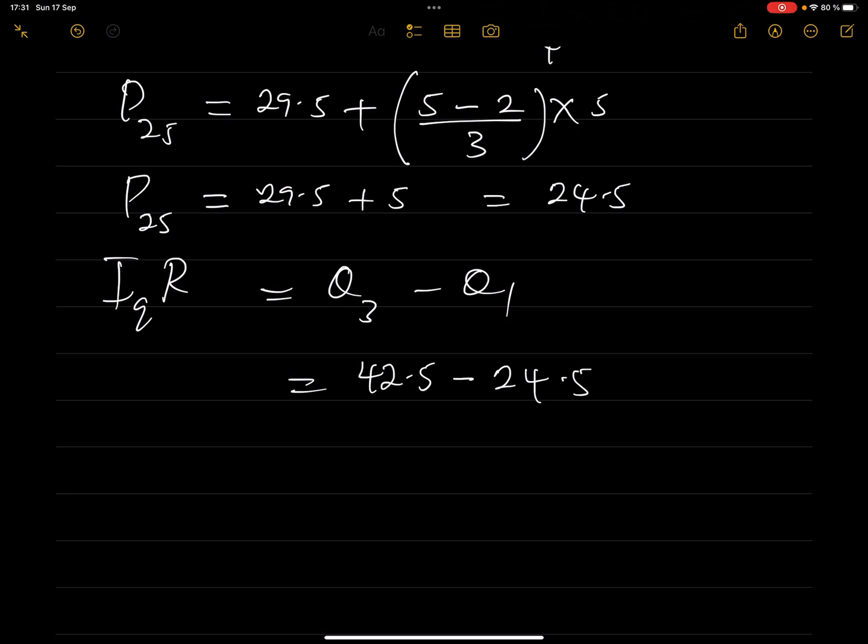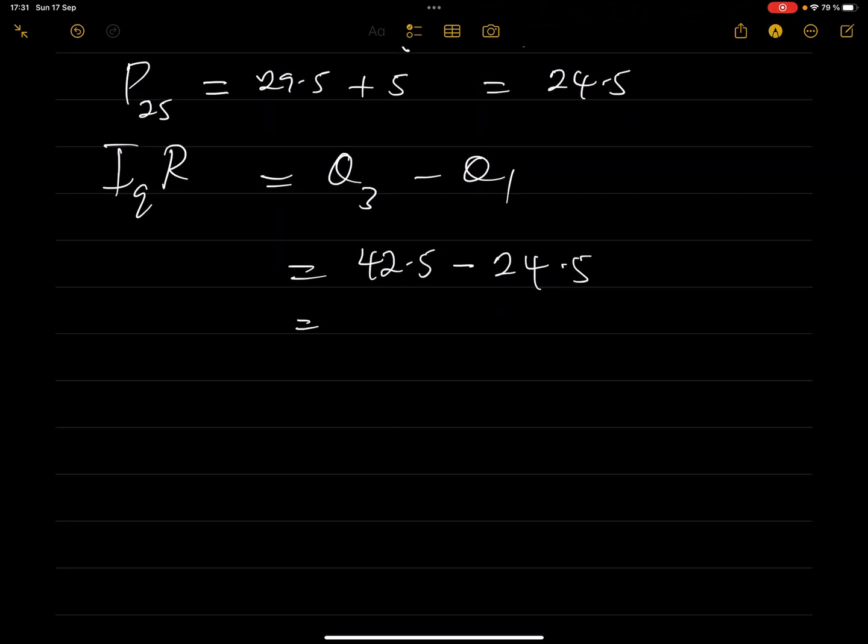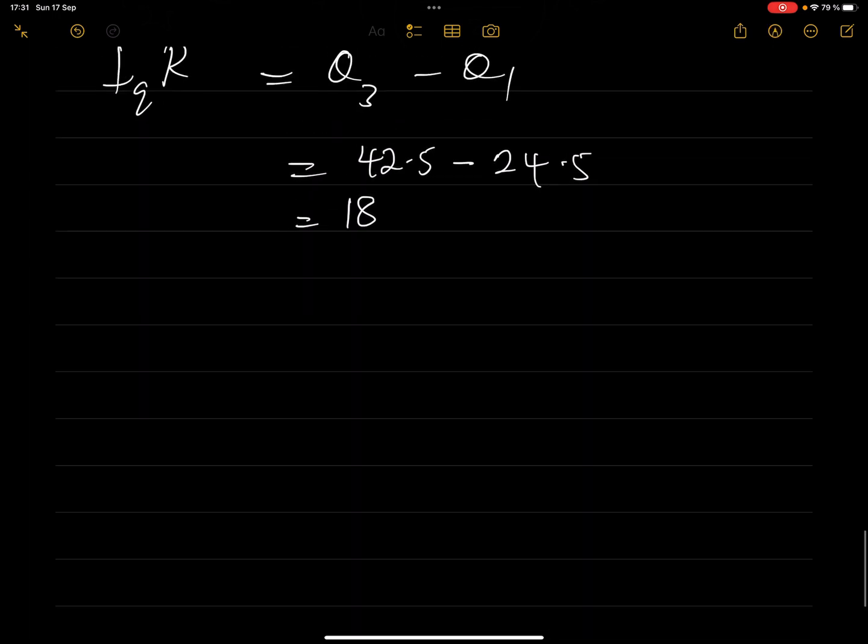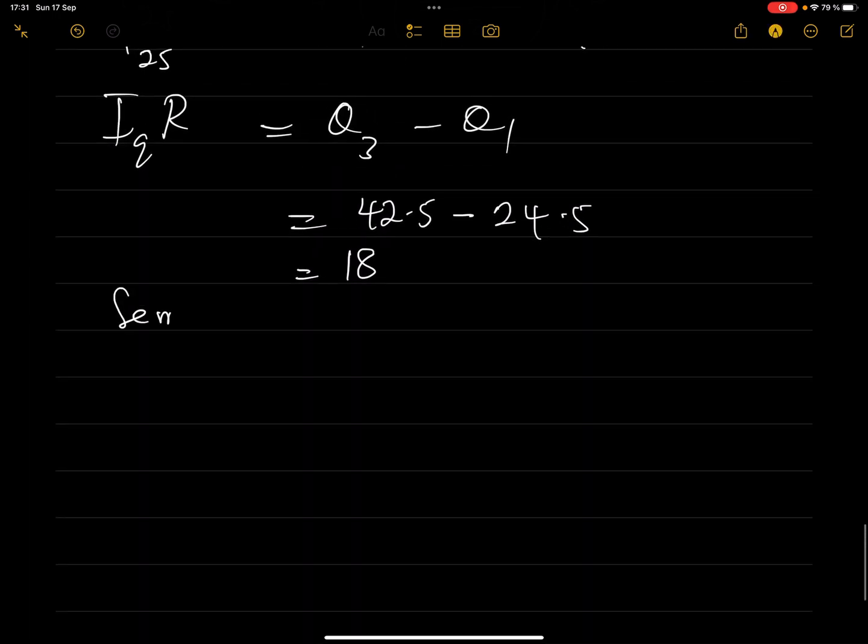So 42.5 minus 24.5 gives exactly 18. So our interquartile range for this data set is 18. What about the semi-interquartile range? That will be 18 divided by 2, which is 9.